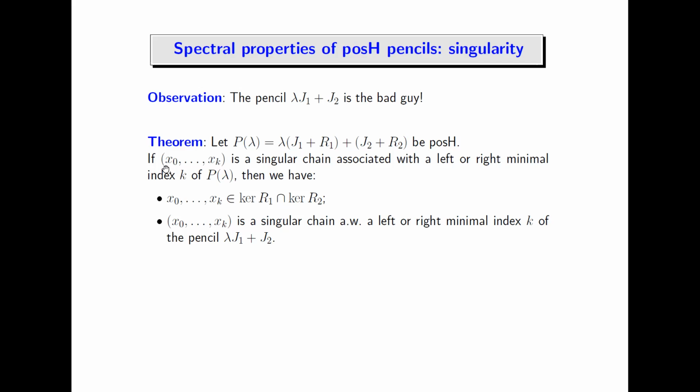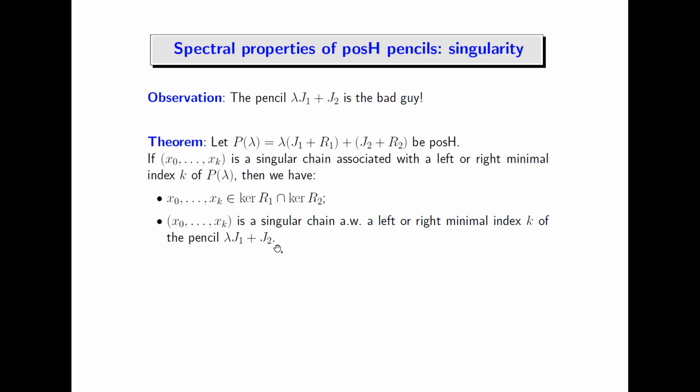They can be, in theory, of arbitrarily large size, but then you have a corresponding singular chain. And the interesting thing is the vectors from this chain must be in the kernel of the two R matrices.